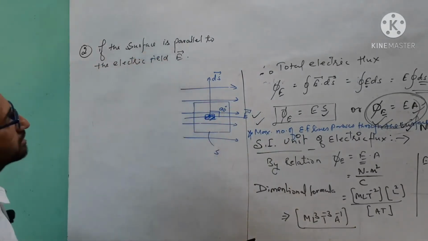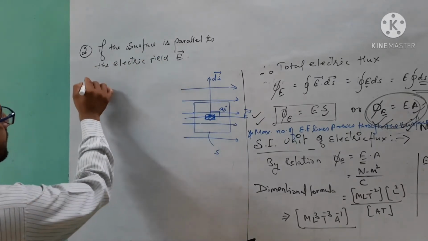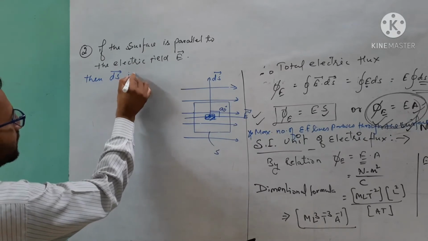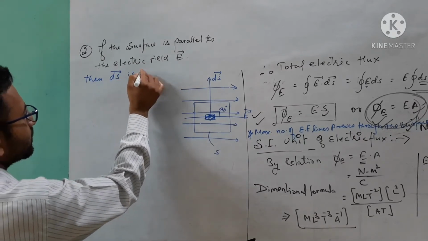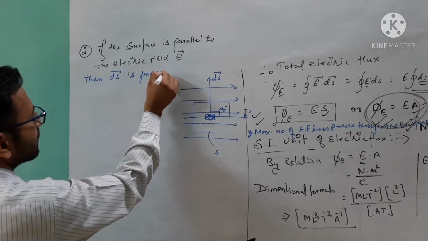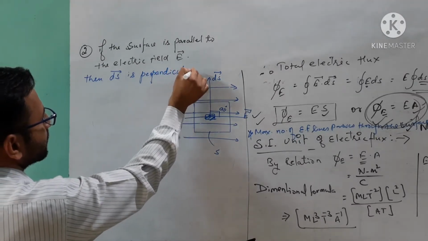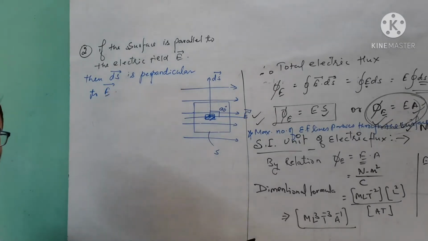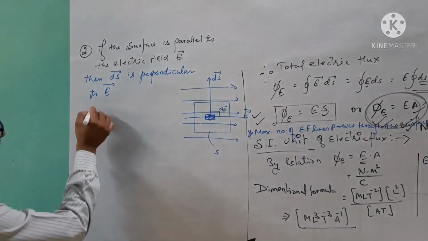So if the surface is parallel to the electric field, then the ds vector will be perpendicular to the electric field.